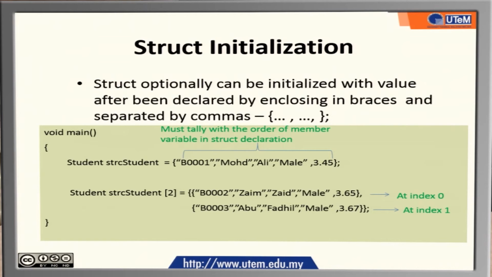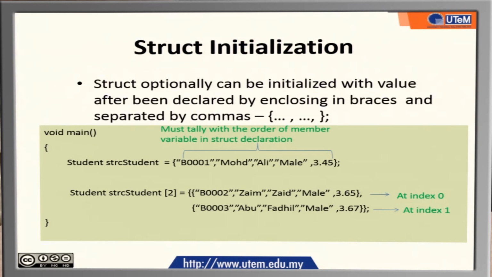Now, how are we going to initialize values inside an array of struct? This is simple. You just have to have another curly bracket. Basically you will have two curly brackets. The first curly bracket refers to index 0.